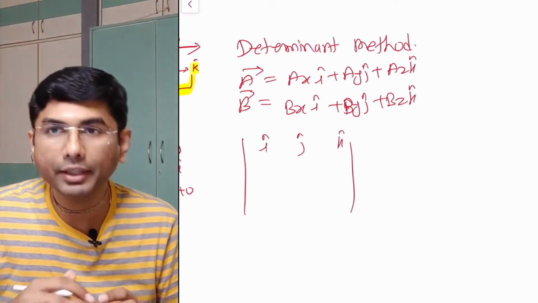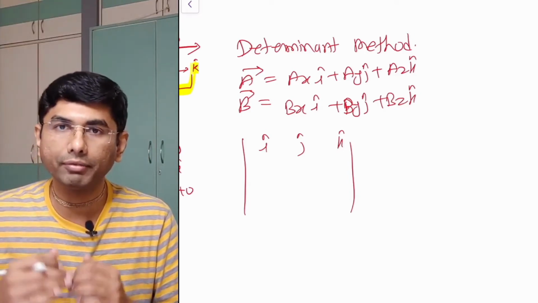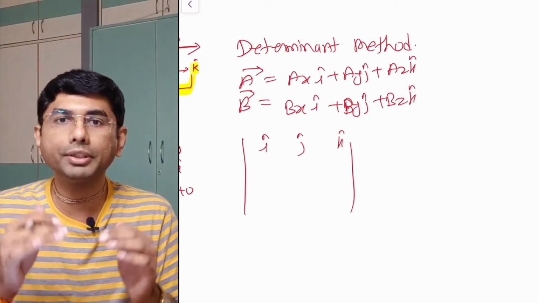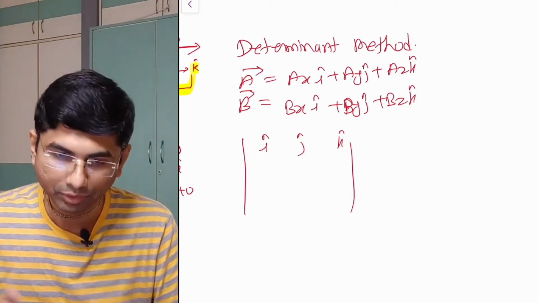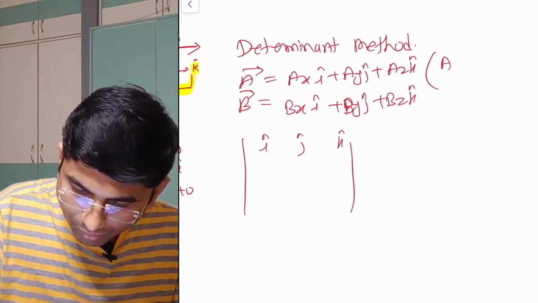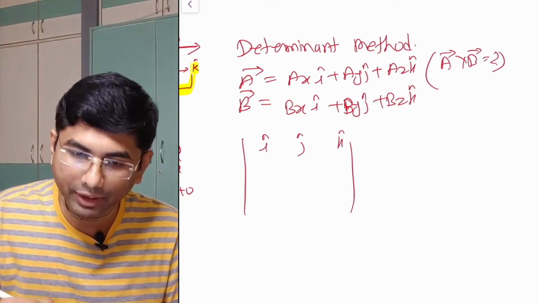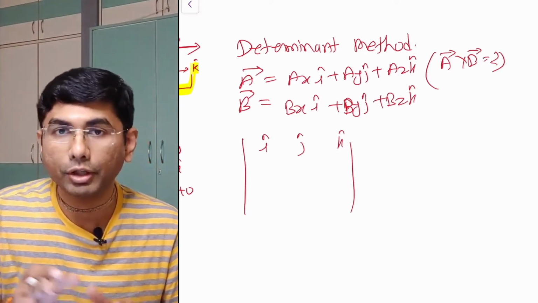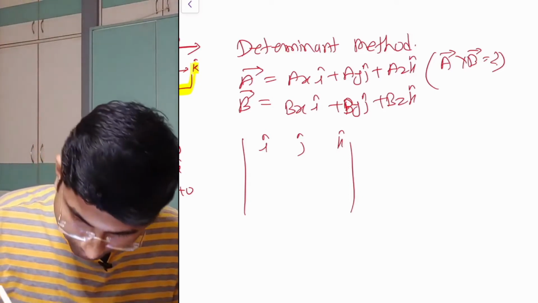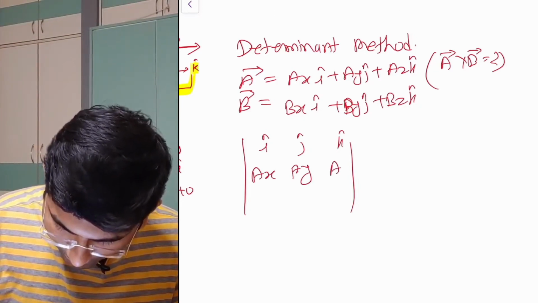Now here I will be writing the coordinates of the first vector. This depends on the sequence, whether you want a cross b or b cross a, whichever is the first vector has to be written above. Now I am finding the answer for A vector cross B vector. That's my question. So first I am writing the magnitudes of the vector along x axis, y axis and z axis for A vector: Ax, Ay and Az.